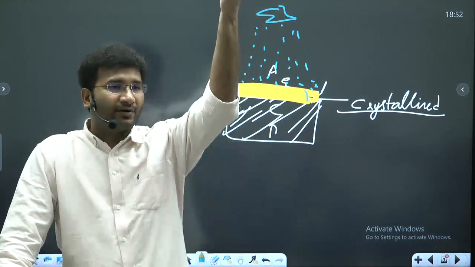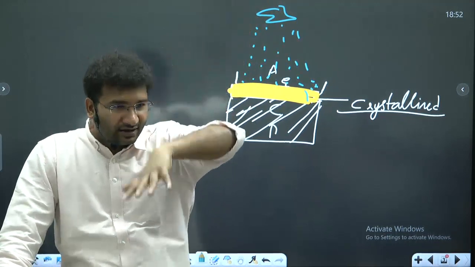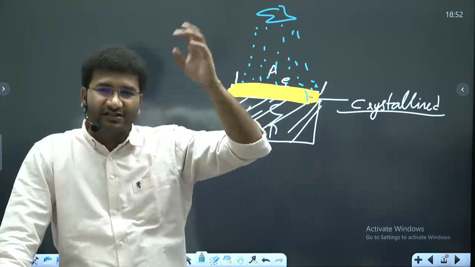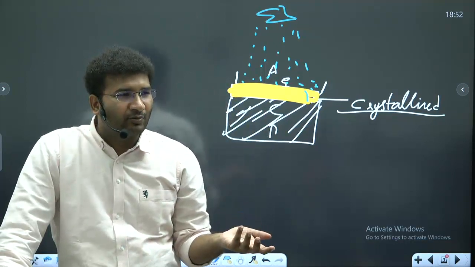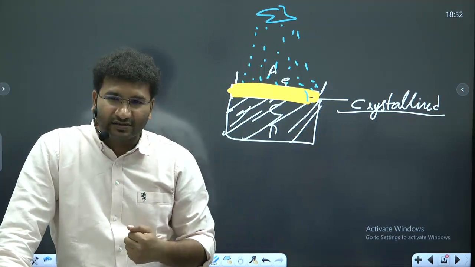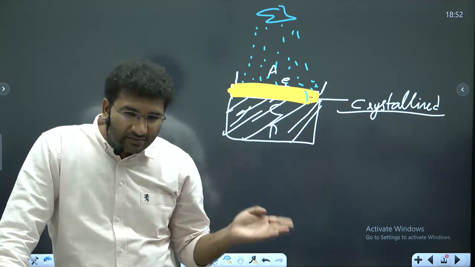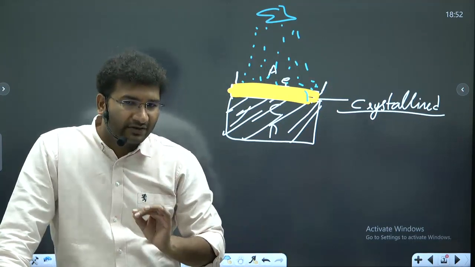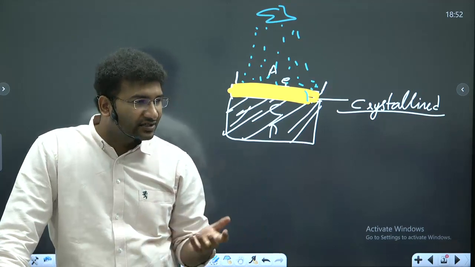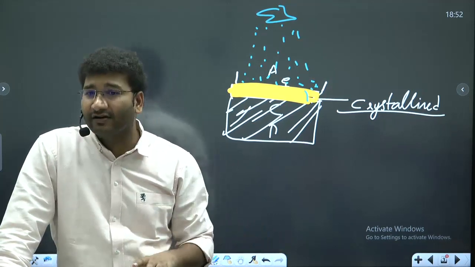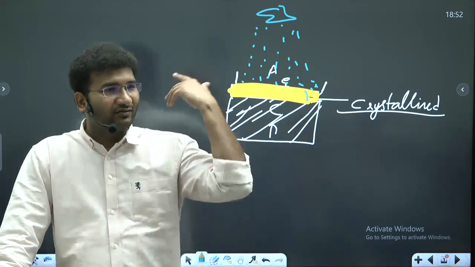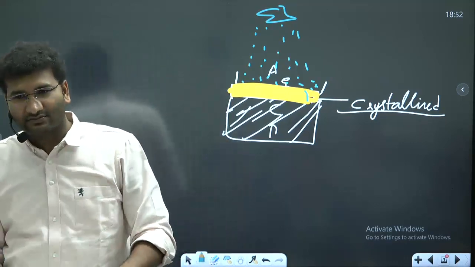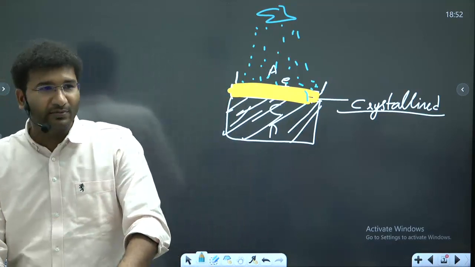That means evaporation is more than rainfall, plus the rainfall will not exceed a maximum of 50 centimeters. That is your desert. Right? In extreme areas, the rainfall is sometimes 25 centimeters. It's not that a desert does not have rainfall. Deserts will have rainfall. They are deserts because whatever they get, they are evaporating at a faster rate. This is the broader meaning of a desert.